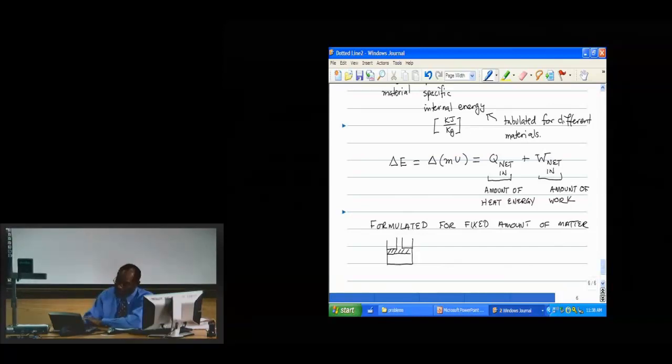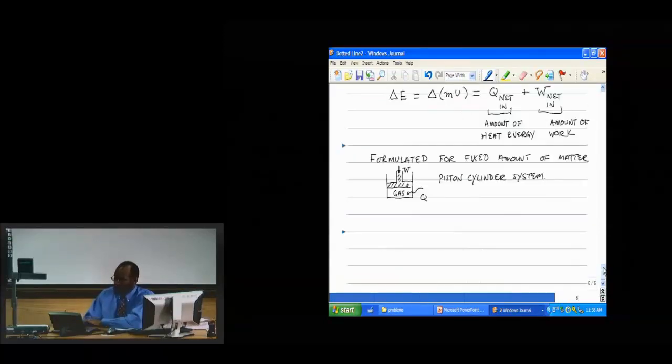So this is, again, a piston cylinder system. We're less focused on these problems than we are on our pipe flow type problem.